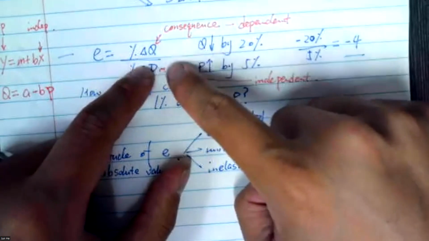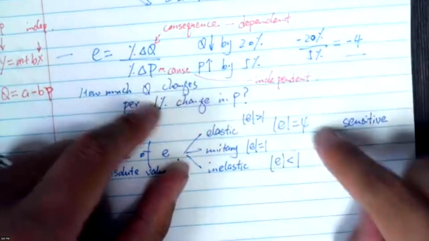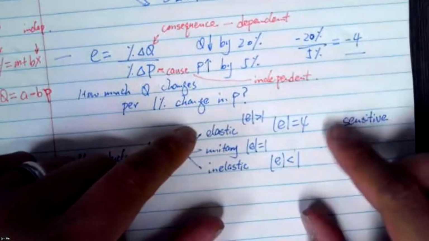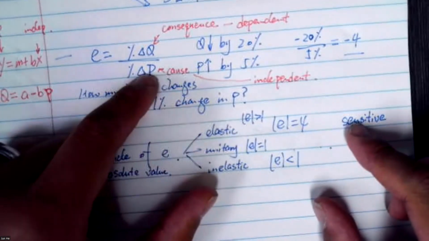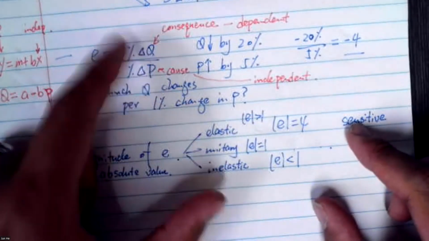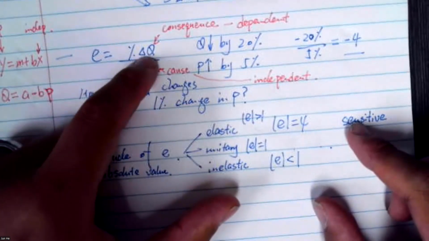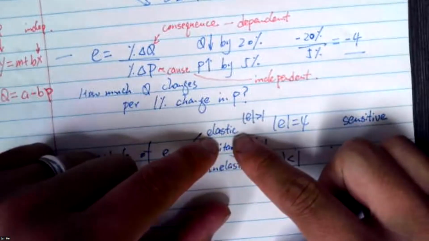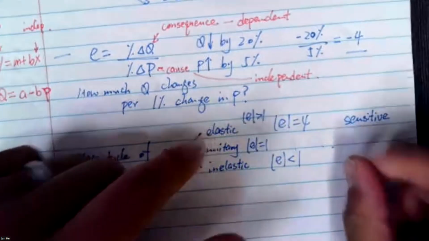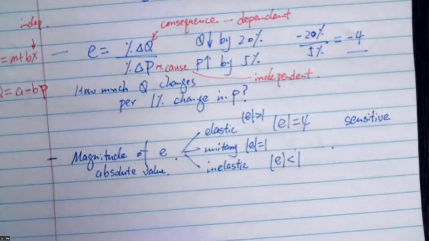So the quantity change is of a much greater magnitude than the price change. That means the consumers are very sensitive to the price, right? When the price only changed by a little bit, you are going to change your quantity by a lot. You're making a big fuss. In that case, this consumer is elastic, namely sensitive to the price change.